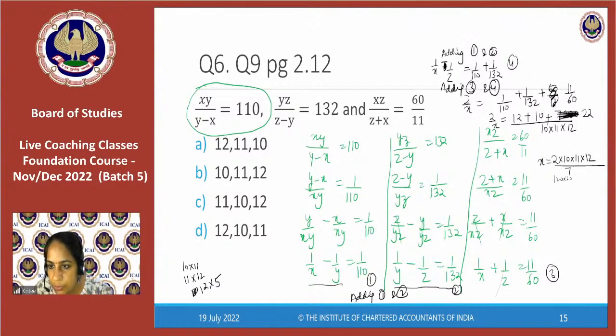So this is 2 into 10 into 11 into 12. 22 plus 22 is 44. Okay. 11 fours are 44, 2 twos are 4, and 2 sixes are 12. X is equal to 10 should be your answer, right? X is equal to 10 is supposed to be the answer. I think I missed one part, but yes, X is equal to 10 is the answer.